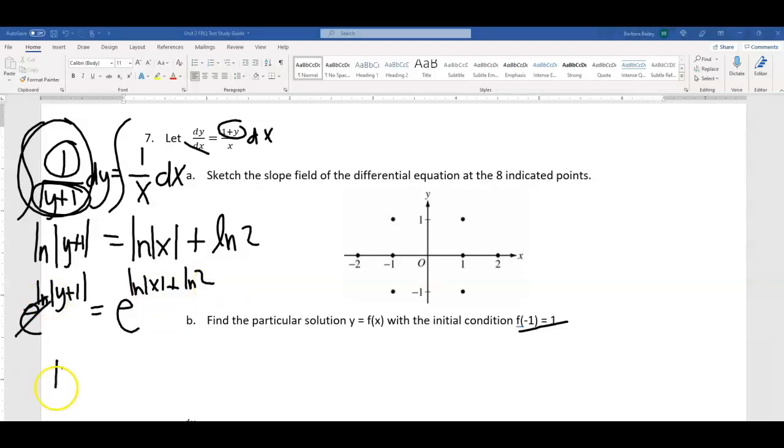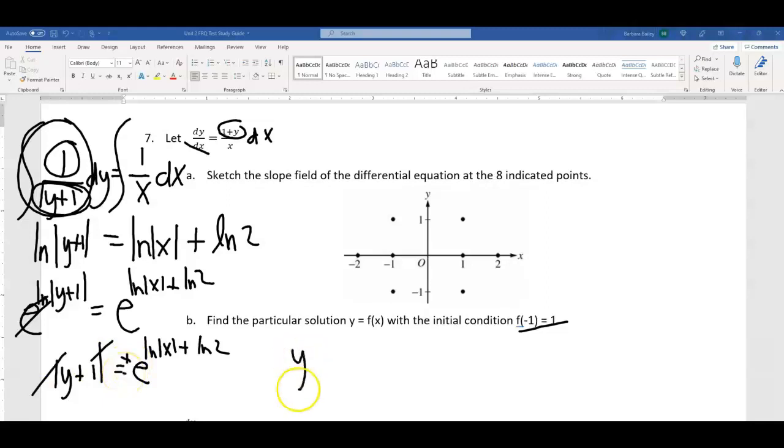And now I have the absolute value of y plus 1 equals e to the ln of x plus ln of 2. And we can get rid of these absolute value bars if I put a plus and a minus there.